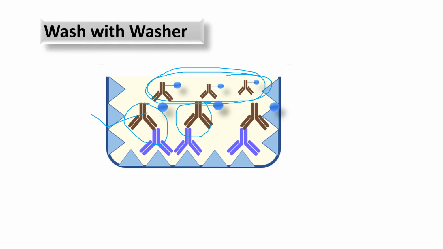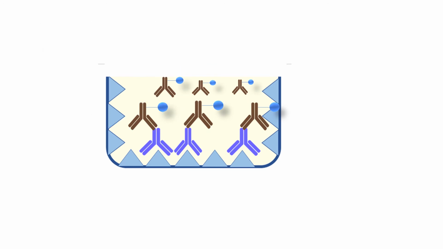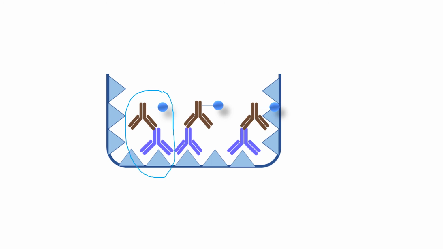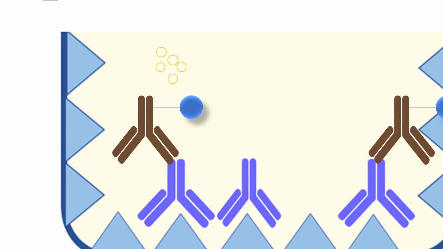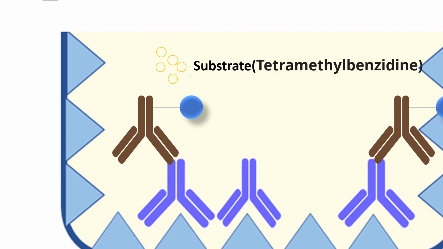You can also see the excess secondary antibodies which are not attached to any antibody, so we can remove them with the help of the washer. There is an additional step here, because we are adding a secondary antibody, so we have to wash again. After washing, you can see it will be like this. Now we have the antigen, primary antibody and secondary antibody, that is, the enzyme conjugate.